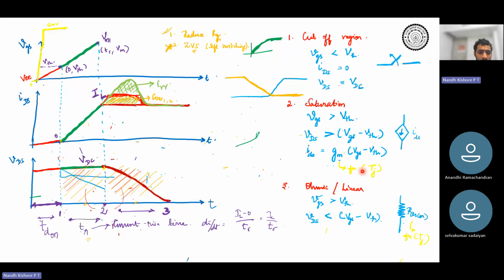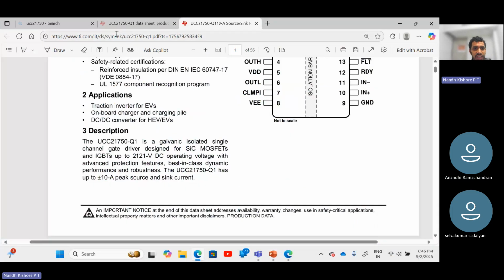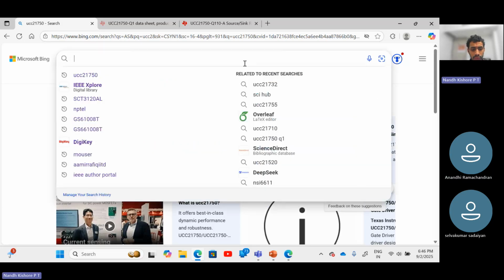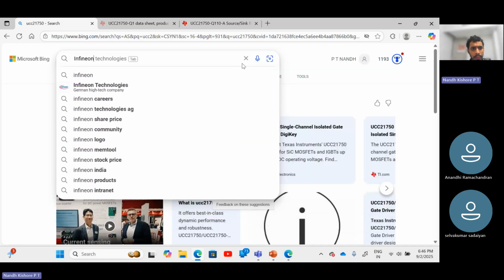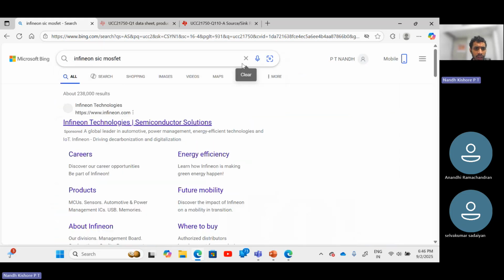Okay, so now I'll just take you guys to a commercial device data sheet and show. So let's go to a manufacturer. So Infineon SiC MOSFET, correct?